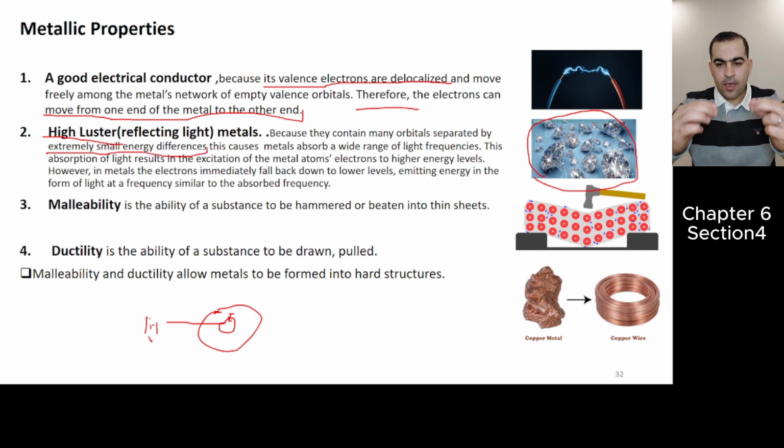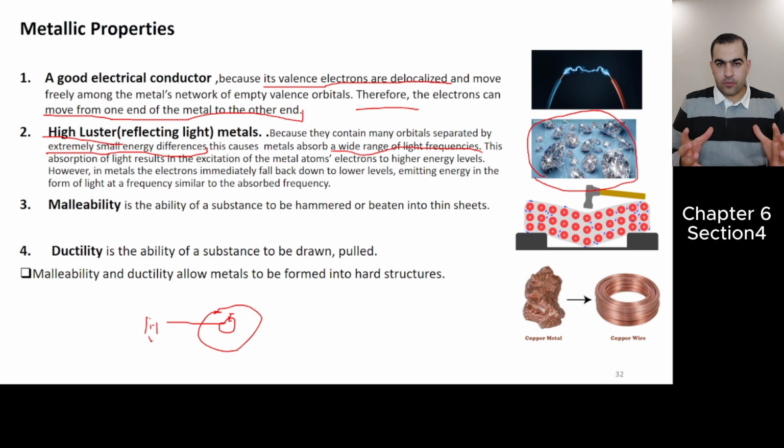The difference in their energy is very small, extremely small. So this causes metals to absorb a wide range of light frequencies.